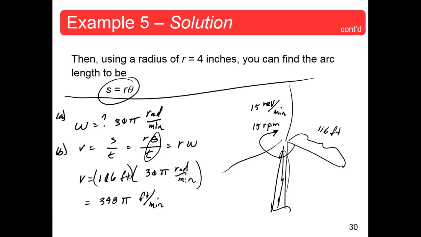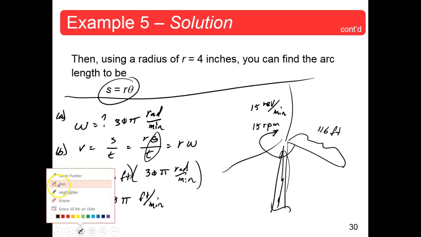So what is that? 3480. Oh, I forgot my zero. Sorry, my pen gave out on me.